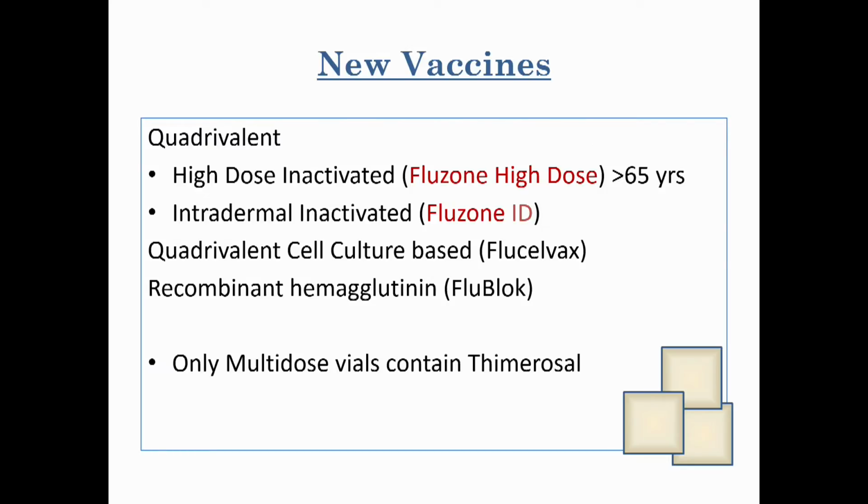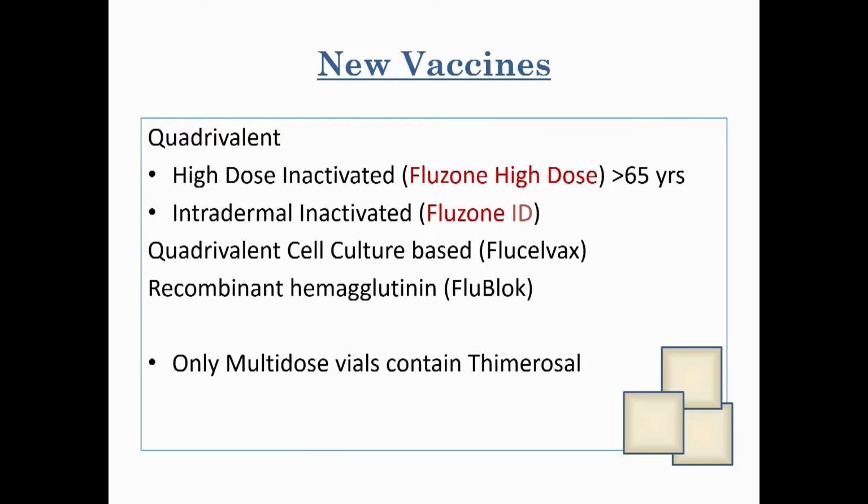And then there's the cell culture-based, which is the FluCellVax, where the vaccine's not grown in eggs, so you don't have to worry about egg allergy and flu vaccines. And that one is approved now down to age 4. There's also something called the Flu Block, which doesn't have any virus in it at all. It just has the hemagglutinin, and the hemagglutinin is delivered by way of a vector.